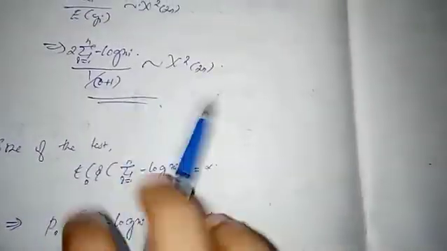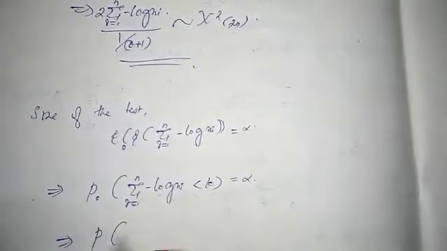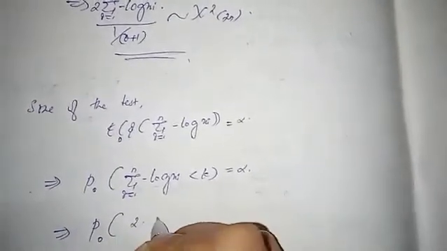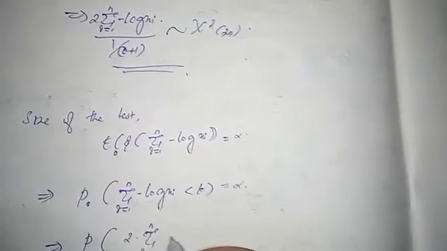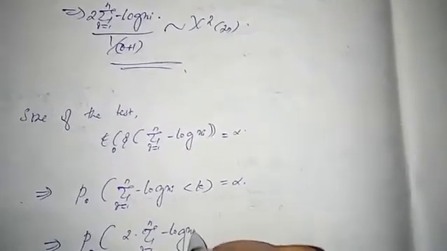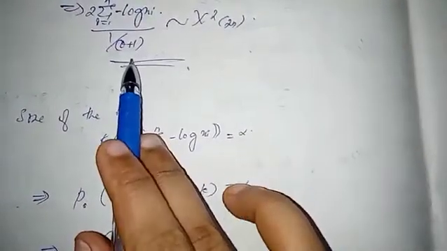Here we make a substitution transformation. So we can write the probability of 2 into summation i = 1 to n of minus log xi divided by 1 by theta plus 1.